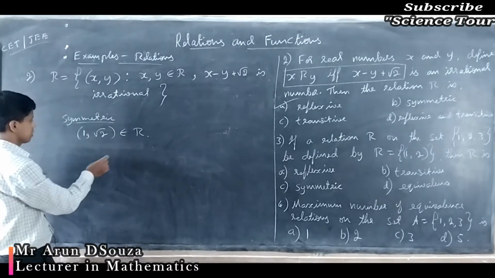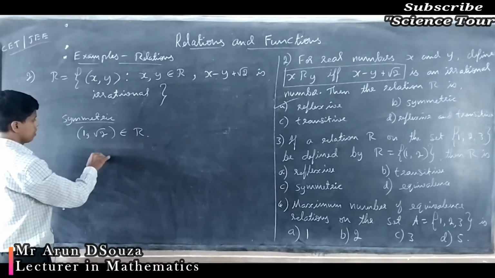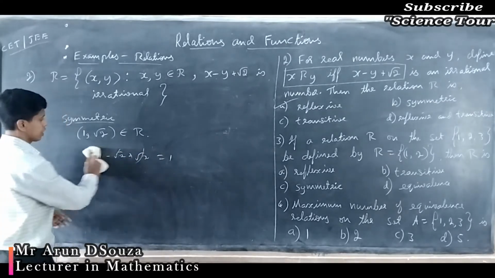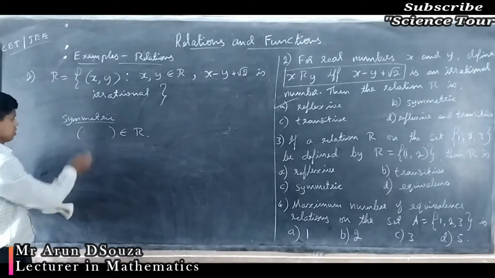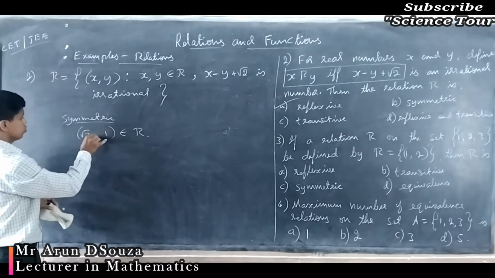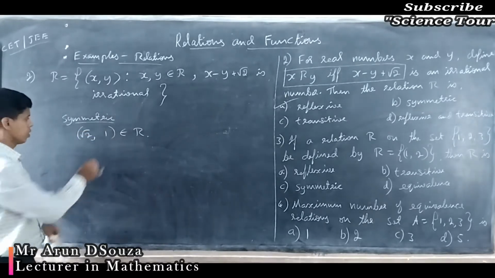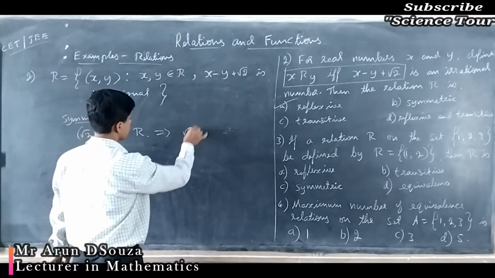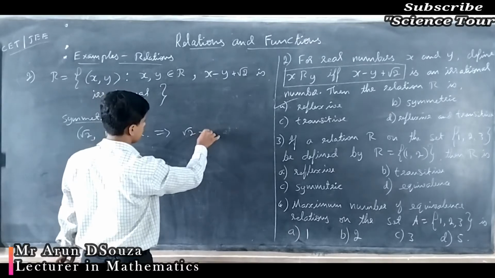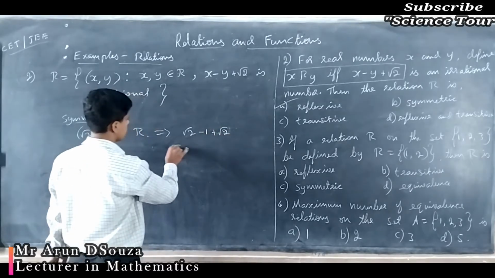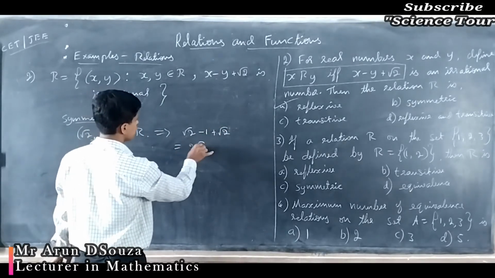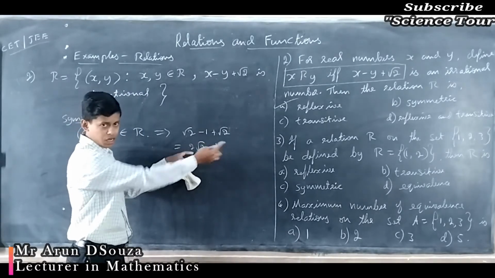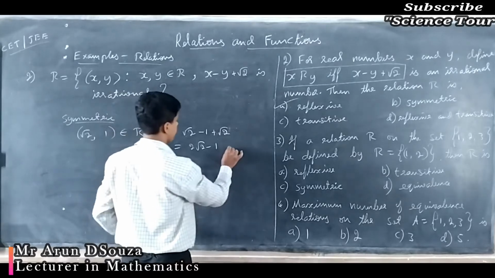See, 1 minus root 2 plus root 2, this will cancel, you will get 1. This is not irrational, so it does not belong. So I'll reverse it. See, now understand, (root 2, 1). It belongs. Why? Because root 2 minus 1 plus root 2 is 2 root 2 minus 1. 2 root 2 is irrational. You subtract 1, that will be irrational itself.